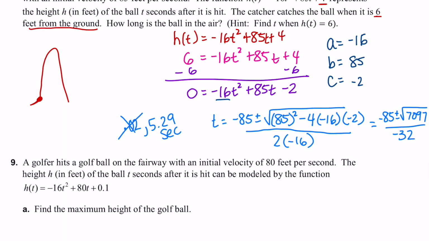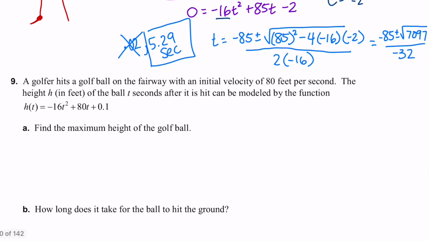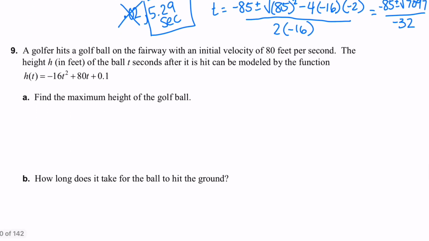So that is not going to be my answer. We're looking at how long it is going to be in the air. This would be the 5.29 seconds. So sometimes you get multiple answers, but you have to differentiate by thinking about which answer we are talking about. So that would be the 5.29 seconds.